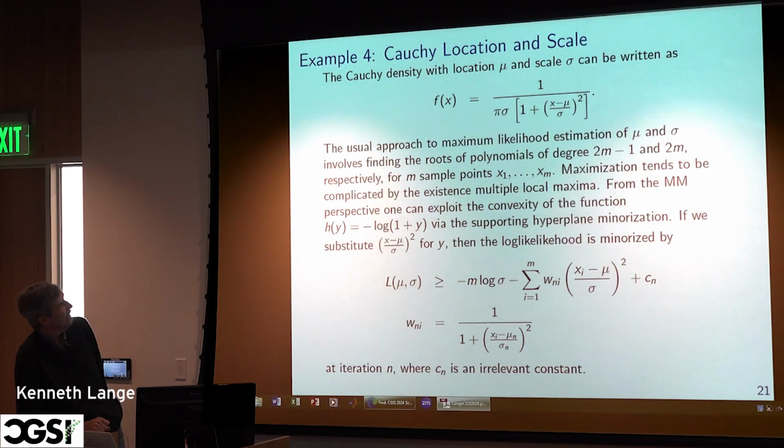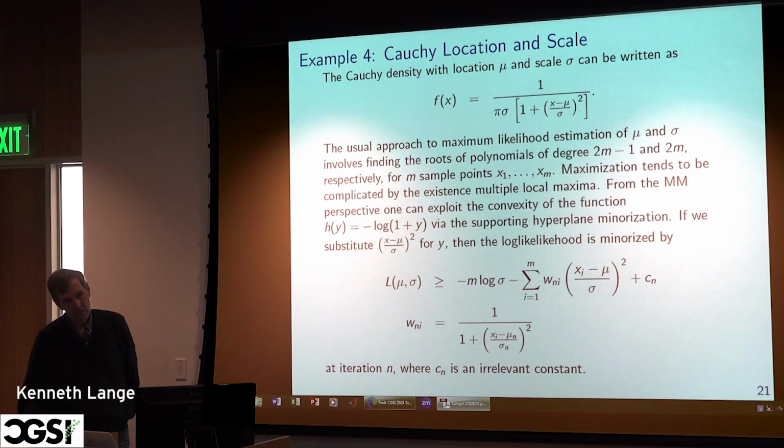Now, if you take a sample, you're going to have m sample points. You're going to take logs of that crazy function. When you differentiate and try to solve, you're going to get, basically, after you simplify, ugly polynomials of high degree, for which there's no obvious solution.